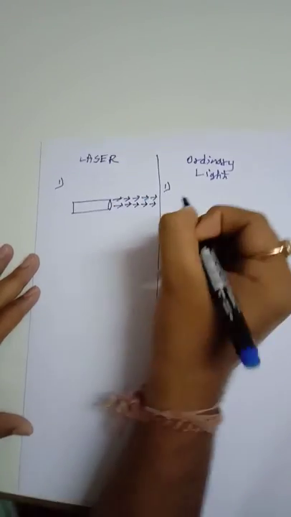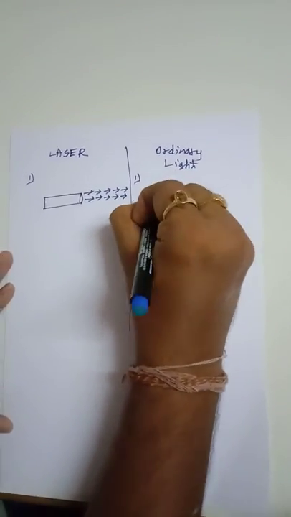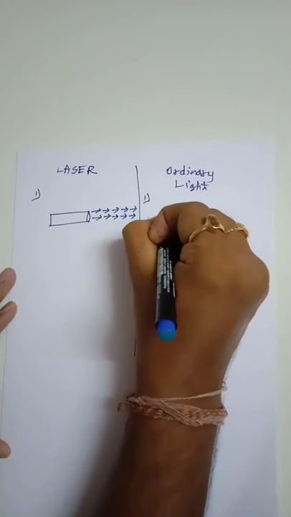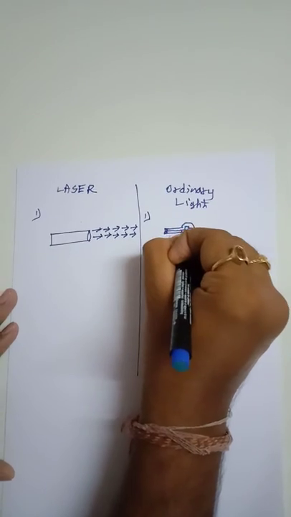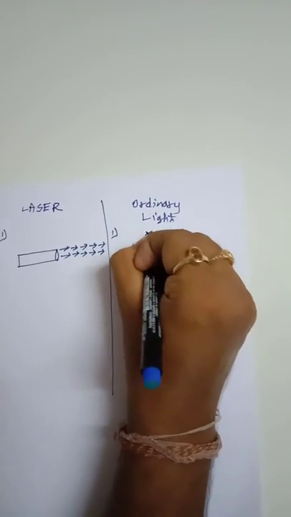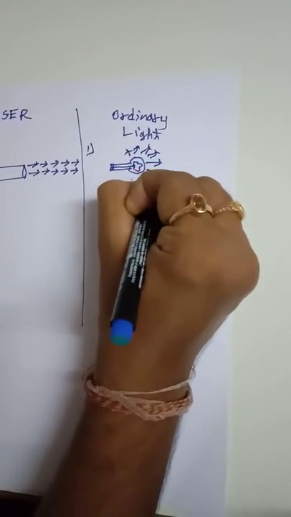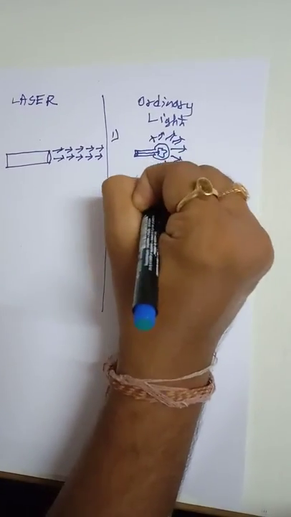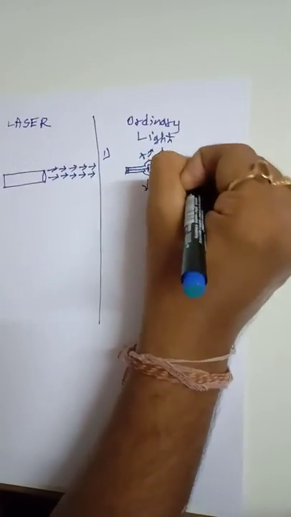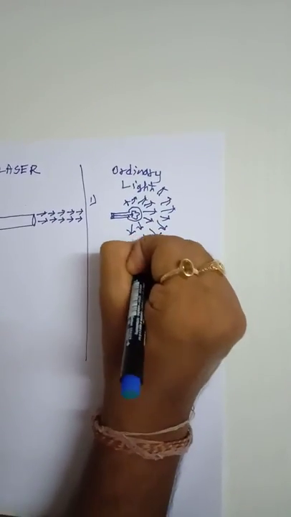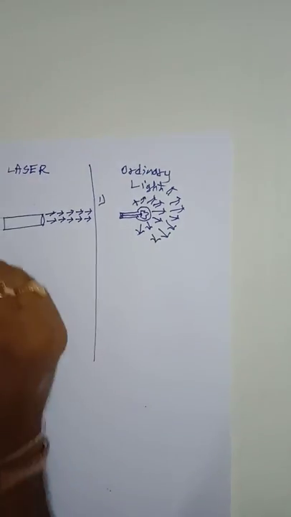Whereas if we take ordinary light, a simple bulb, it emits light in all directions. So you can see that this is the difference.